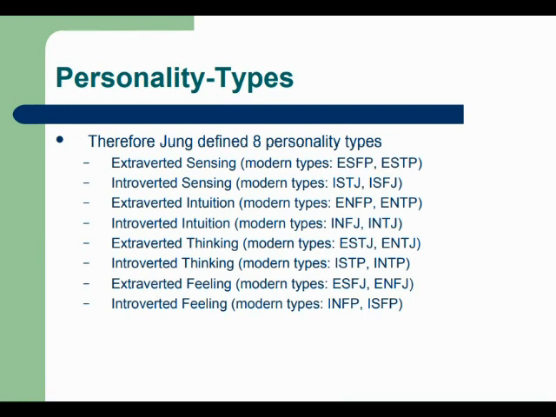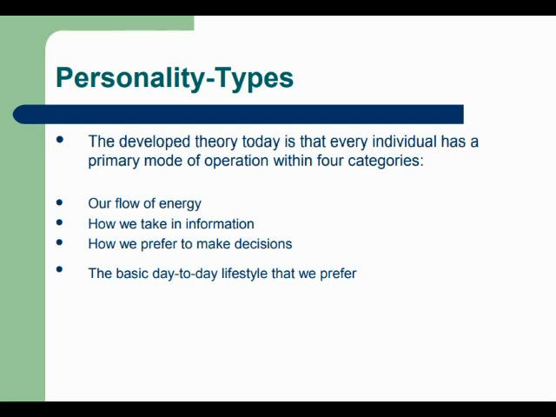Personality types. The developed theory today is that every individual has a primary mode of operation within 4 categories: our flow of energy, how we take in information, how we prefer to make decisions, and the basic day-to-day lifestyle that we prefer.